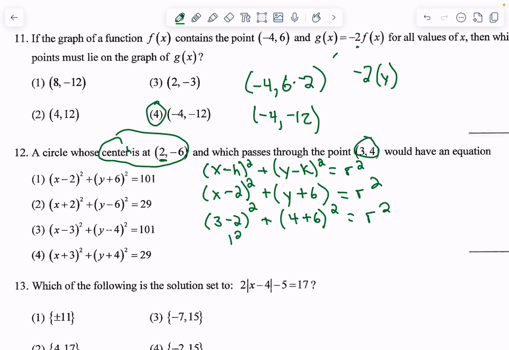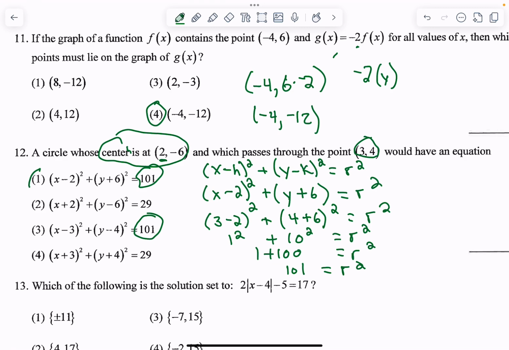This becomes 1 squared plus 10 squared is equal to r squared. This is 1 plus 100 is equal to r squared. So 101 is equal to r squared. And this is the one that has 101. And this has 101. Which one has minus 2 and plus 6 is choice number 1.